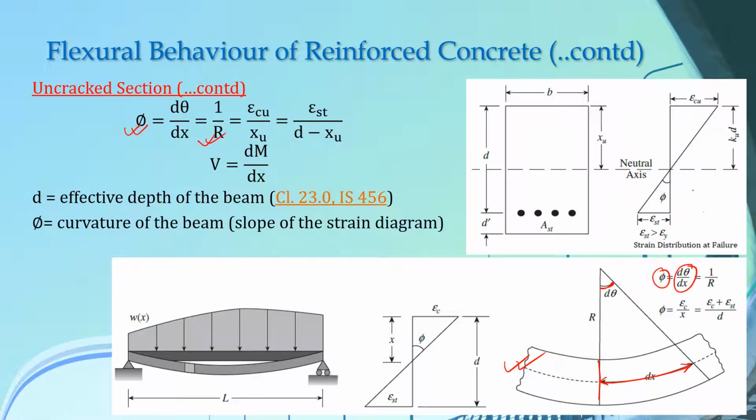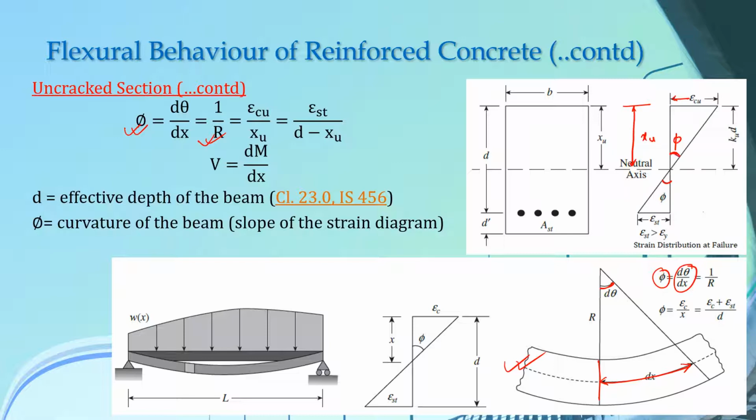So if you look at this diagram on this right hand side here, using the property of similar triangles, you can find this curvature here. Phi is our curvature. So the value of phi is given by epsilon cu, the strain in our concrete under compression, over xu, if we say that the distance of the neutral axis from the topmost compression fiber is xu.